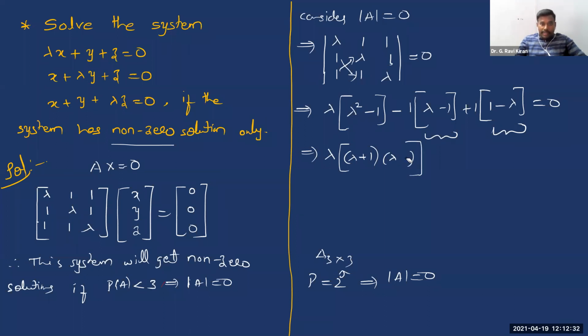Now, see why I'm writing this way? Because I can take lambda minus 1 common from all the three terms, right? So then it is minus lambda minus 1, let it be like this. Now from this, as we discussed, to get a lambda minus 1 here, I'm taking a minus common. So minus of lambda minus 1. I'm equating that to 0.